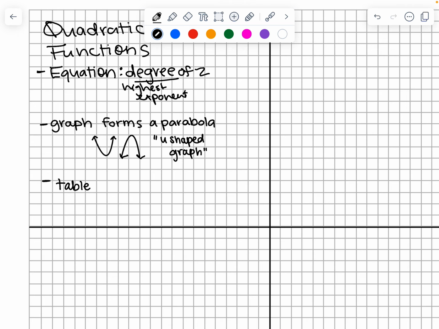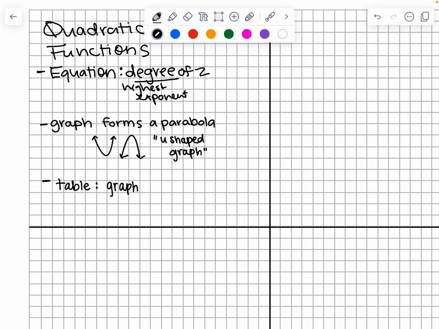If we think back to linear functions, we talked about this in class, but the equation of a linear function has a highest degree of 1. A graph forms a line, meaning it must be straight, and a table has a constant rate of change. The tables for a quadratic function do not have a constant rate of change, but they do have a pattern.